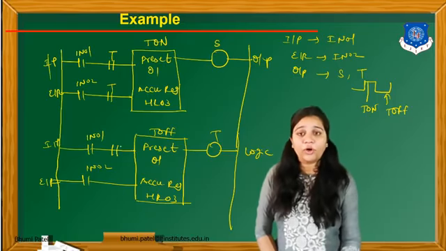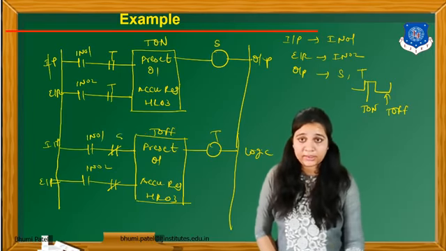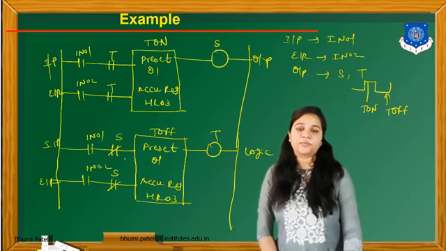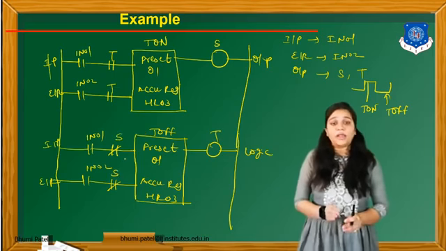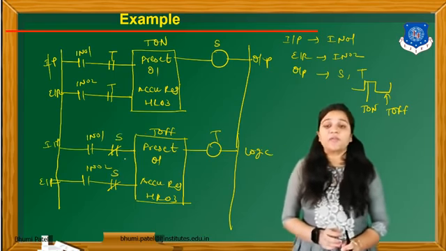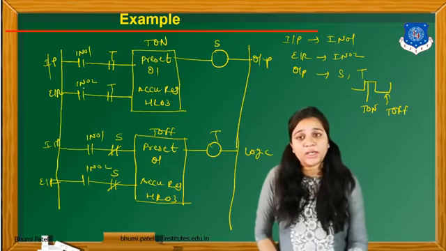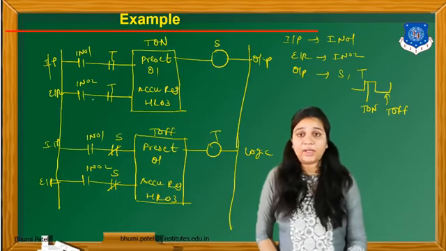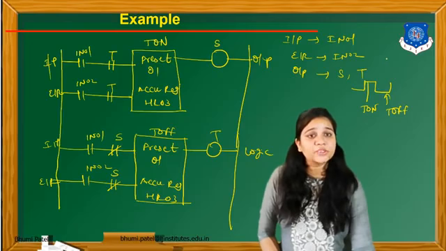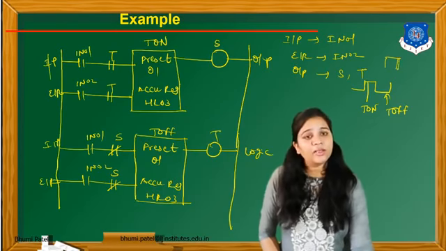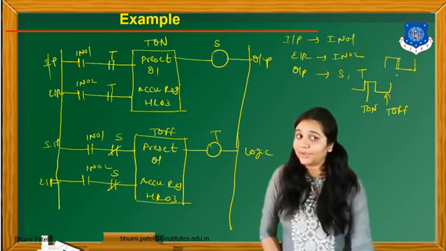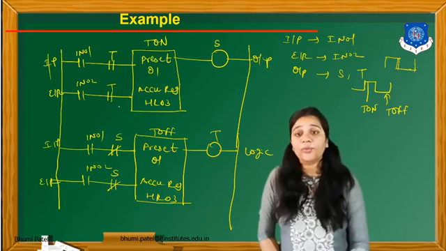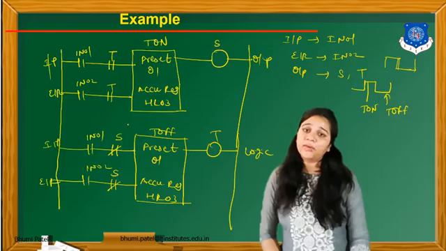For T off, we connect a normally closed contact, and here we write S. So this is the extra logic for the square wave. Input is connected, enable or reset is connected. Whenever the output goes high, we cannot get the low output, and whenever the output goes low, we cannot get the high output. So we put the interlocking process here.